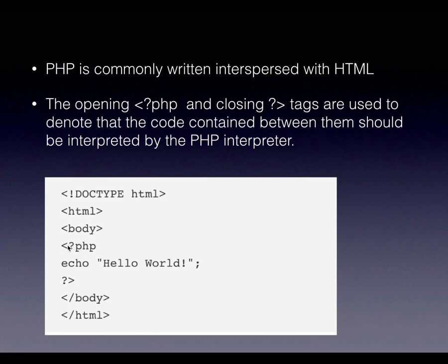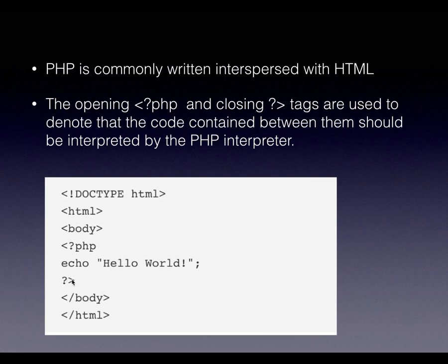Anytime we write PHP, it has to open with this tag here, which is angle bracket question mark PHP. Then we write one or more statements of PHP, and then we close it with question mark angle bracket like that.